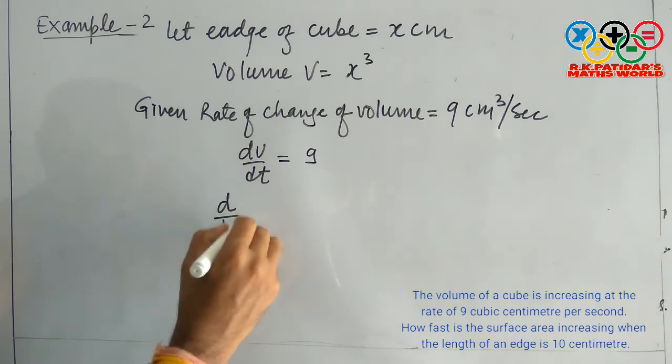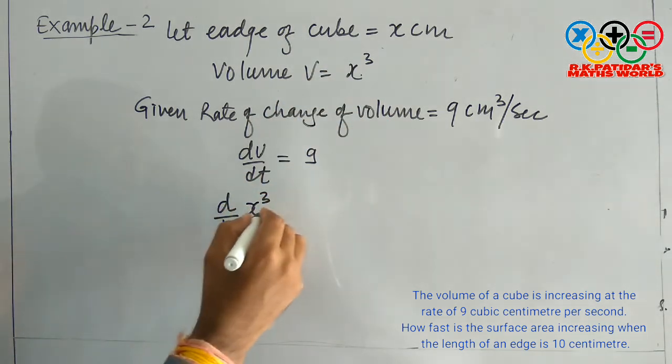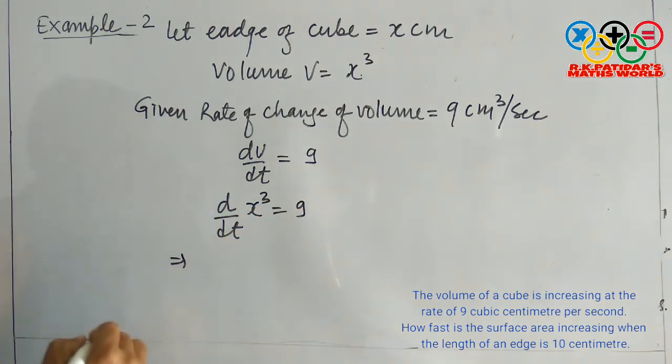V is x cube, so d upon dt of x cube is equal to 9.